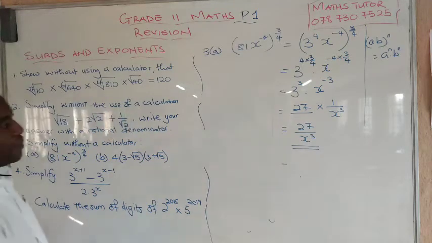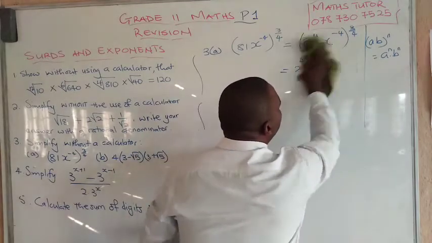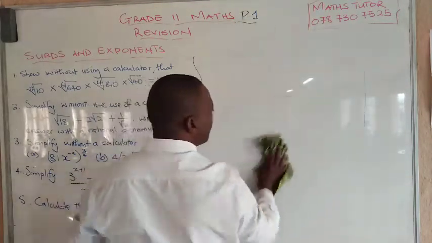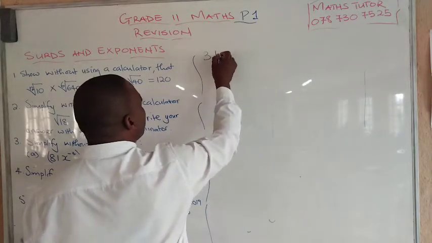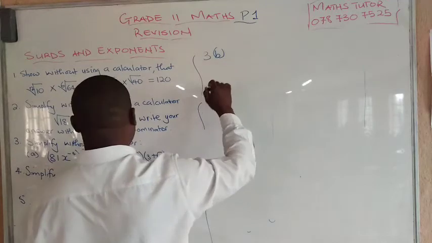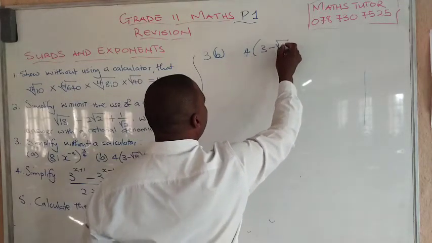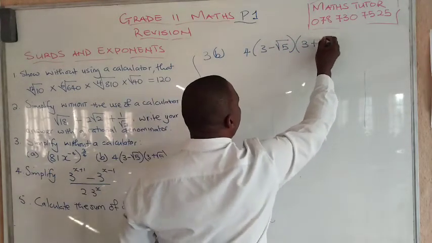Then 3b, you are asked to simplify 4 over 3 minus root 5, all times 3 plus root 5.